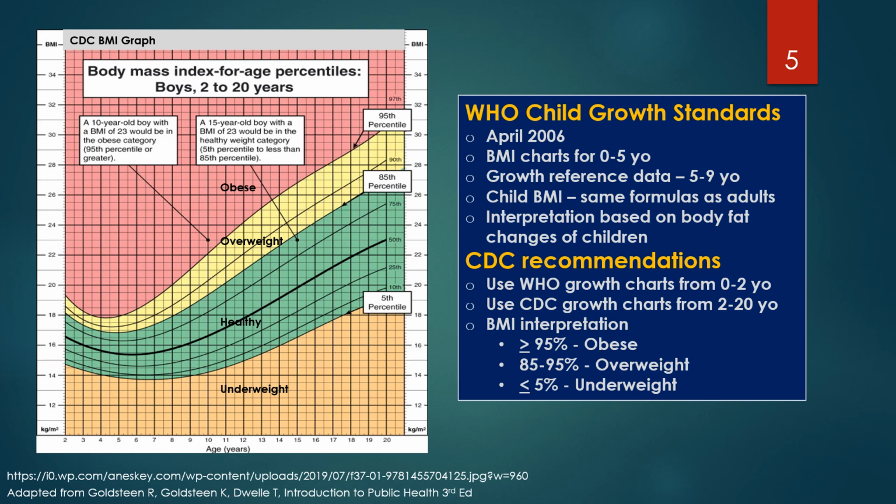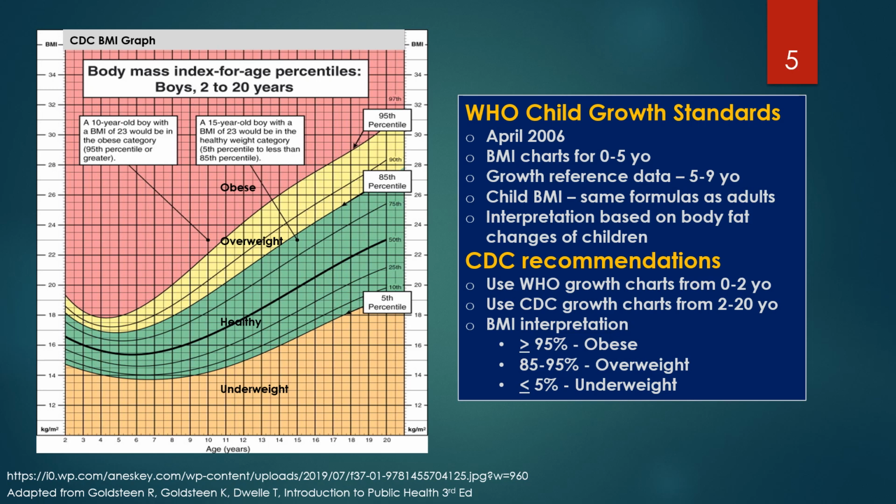WHO Child Growth Standards, launched in April 2006, includes BMI charts for infants and young children up to age 5, along with growth reference data for children 5 to 9 years old, and is a reconstruction of the original 1977 National Center for Health Statistics NCHS dataset, supplemented with additional data from the WHO.